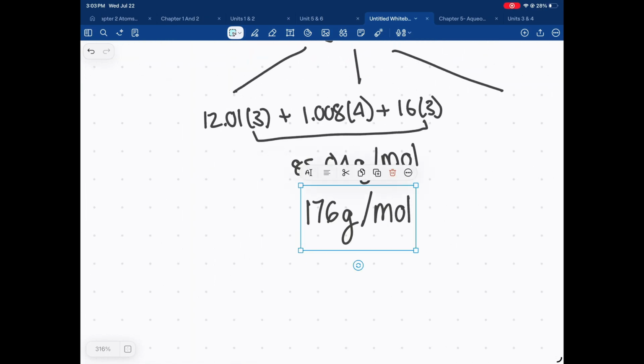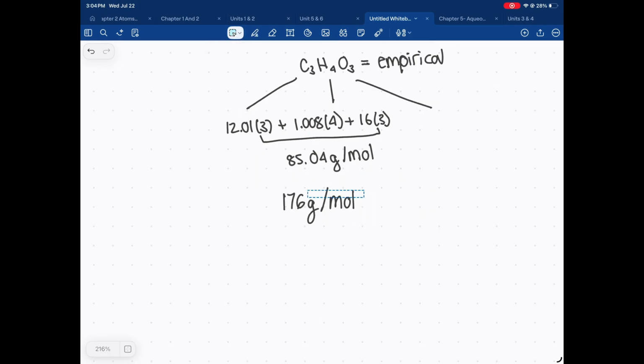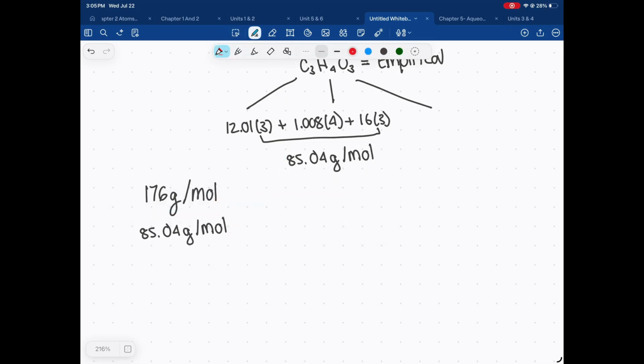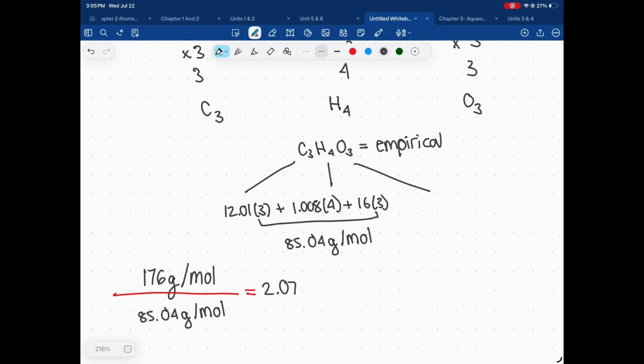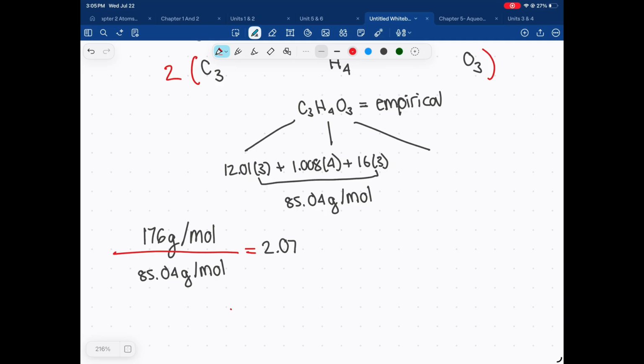And we have to divide that by what we know our empirical formula is. This gives me the answer of 2.07. So I'm going to take the number 2 and multiply the subscripts by 2. And this gives me C6H8O6 as my molecular formula for ascorbic acid.